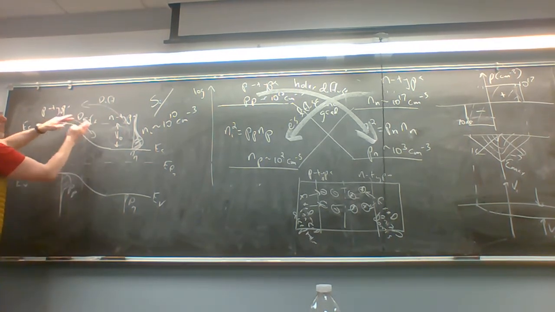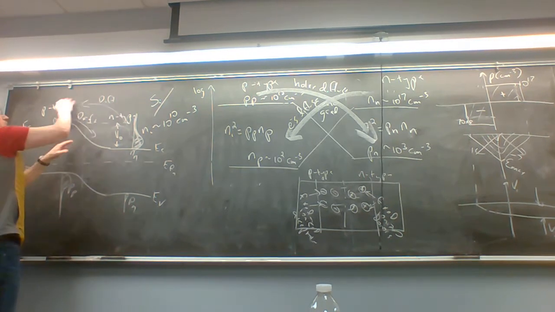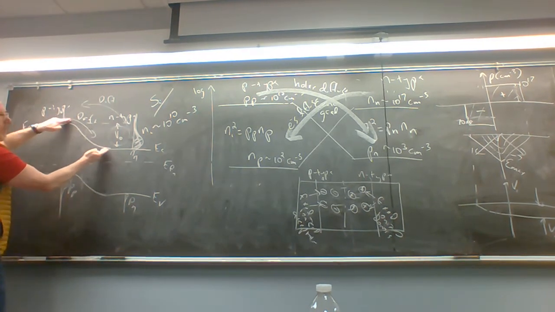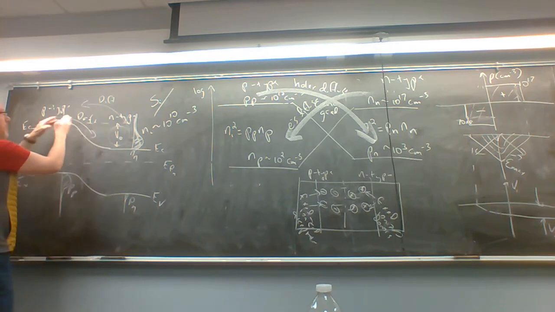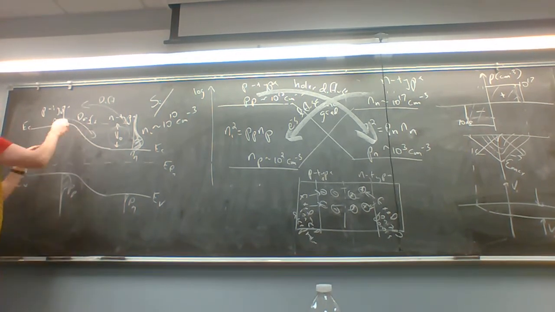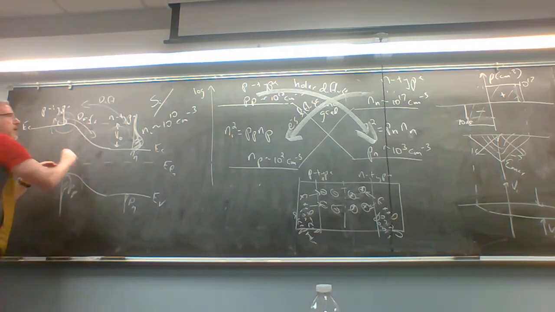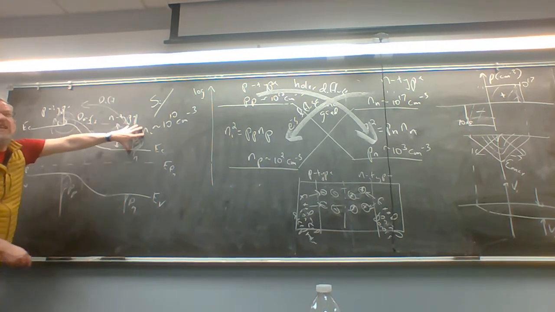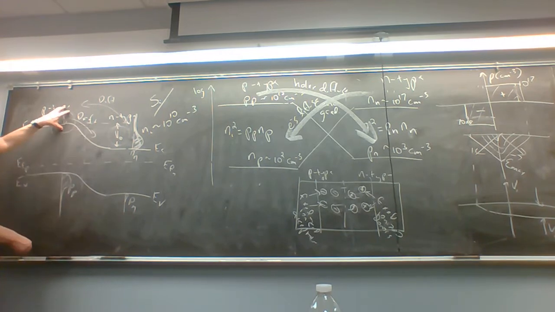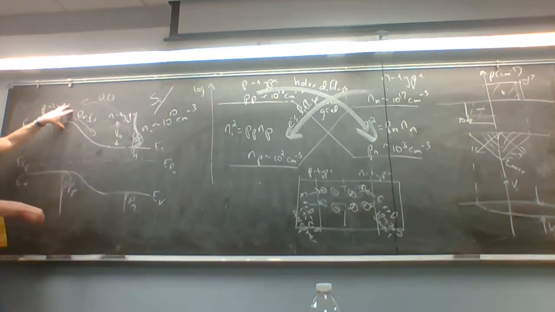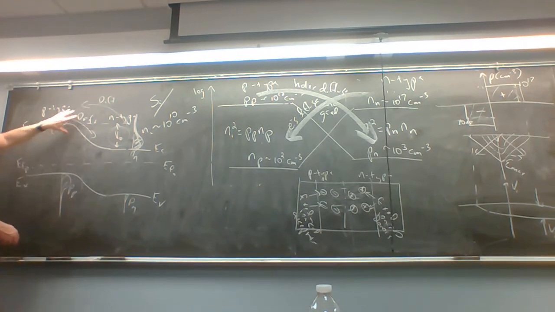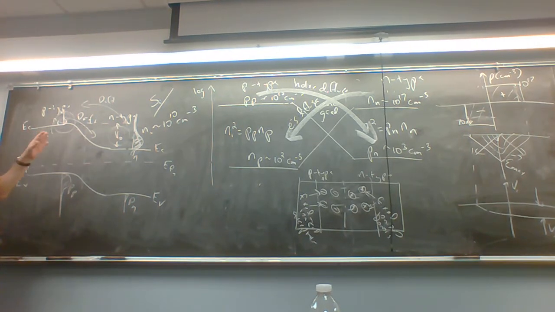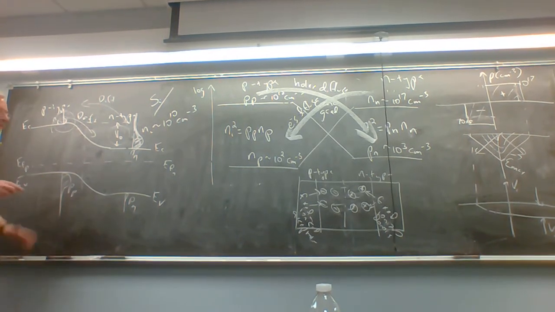The diffusion wants to go this way, but the barrier holds it back. The drift wants to go this way, but I've got a limited number. So this is large, but impeded by the barrier. This is small, but there's no direct impedance. It's just the availability of the carriers. So the drift and the diffusion. So it's zero bias.